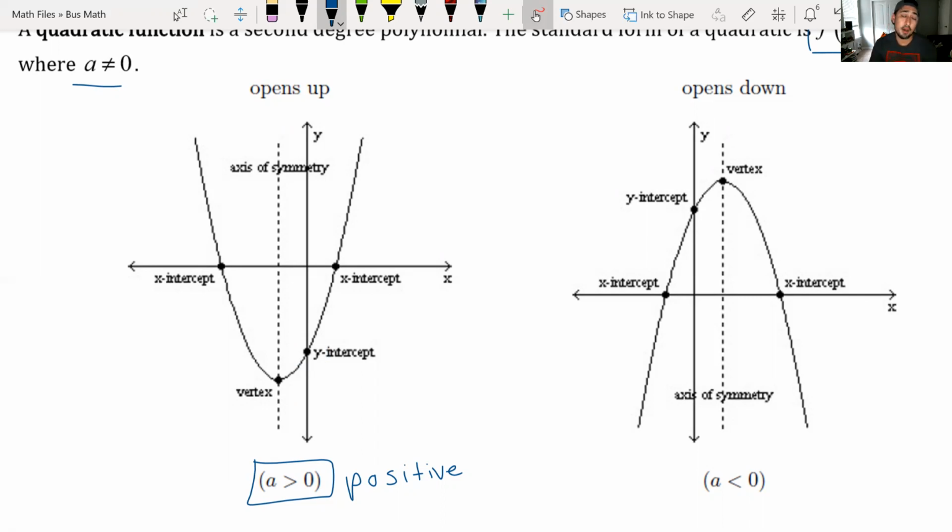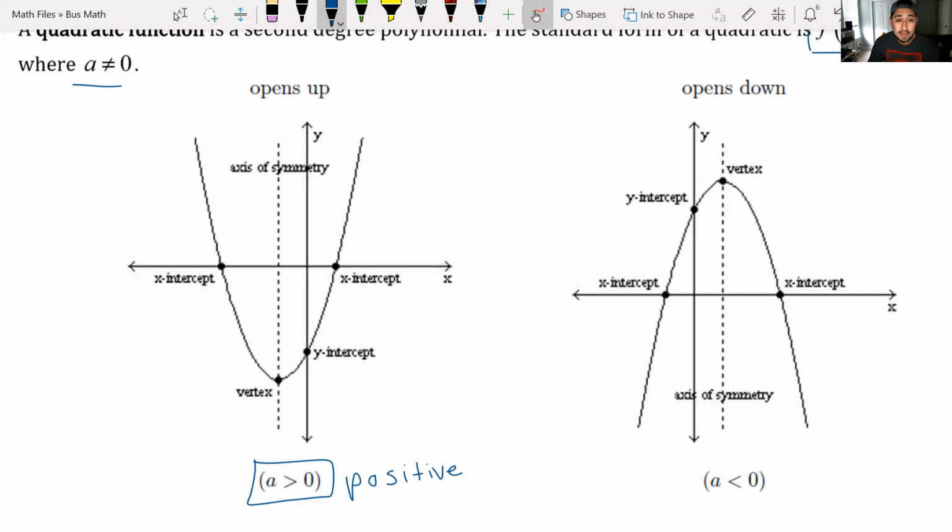So depending on our quadratic function, we may have 2 x-intercepts. You may only have 1 x-intercept, or you may have no x-intercepts. It all depends on the function. So these two pictures are just characteristics of the graph of a quadratic function. When we get into graphing them, you'll see.